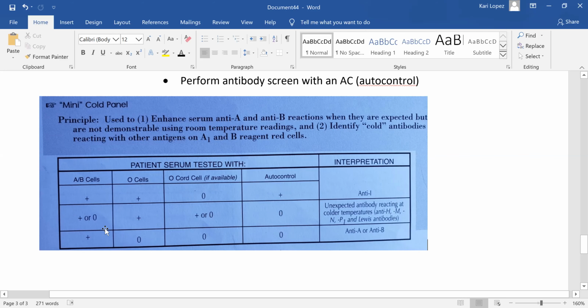So with your A and B cells, if you're getting a positive and a negative autocontrol, it's anti-A or anti-B. And if you're getting positive with A and B cells and a positive autocontrol, it's anti-I. Those are the main things to take away from that.